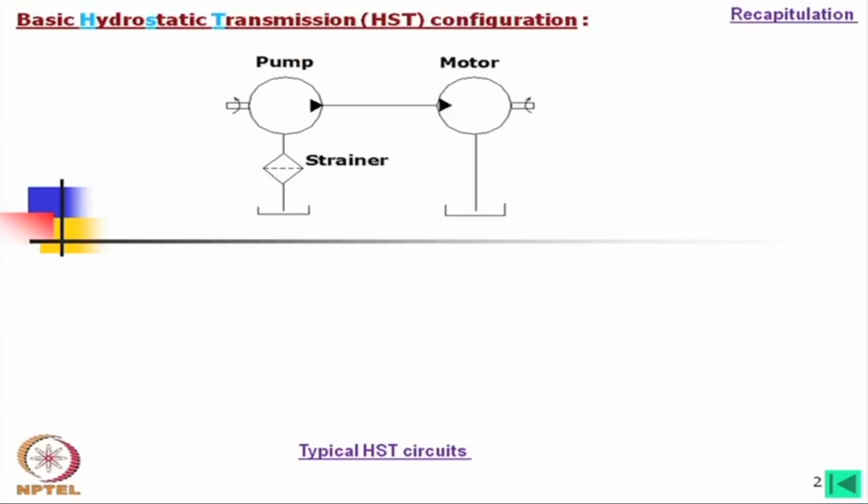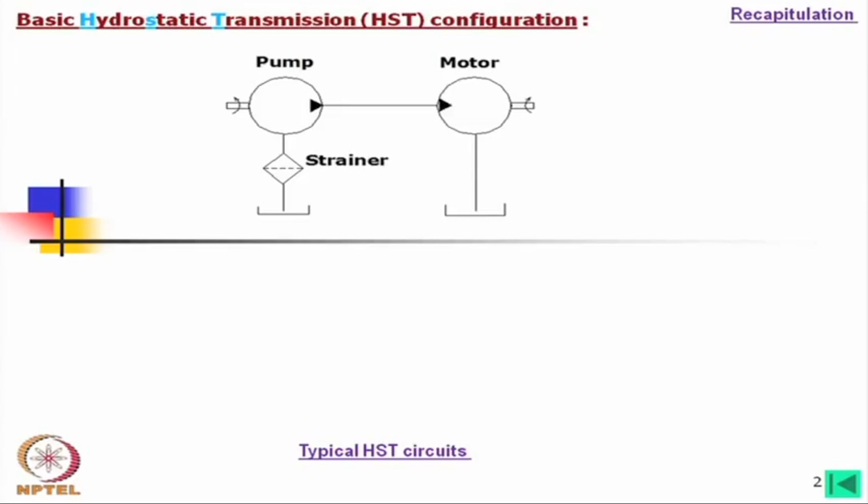However, when we mean HST transmissions, then basically we mean there is a rotary pump and rotary motor. These pumps and motors may be identical looking; their body, the reciprocating units, valve, etc., may look alike.